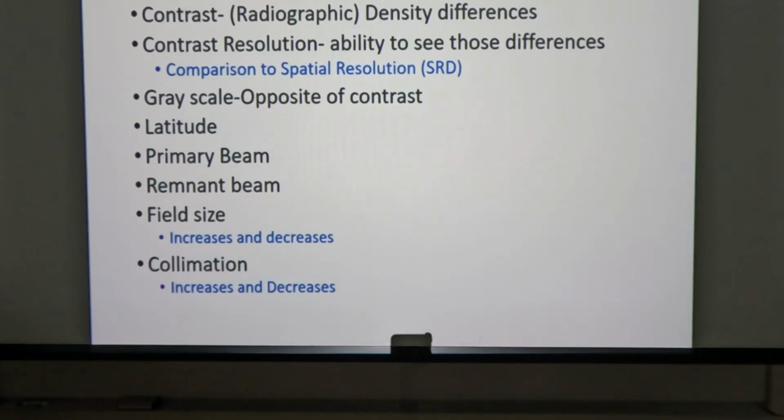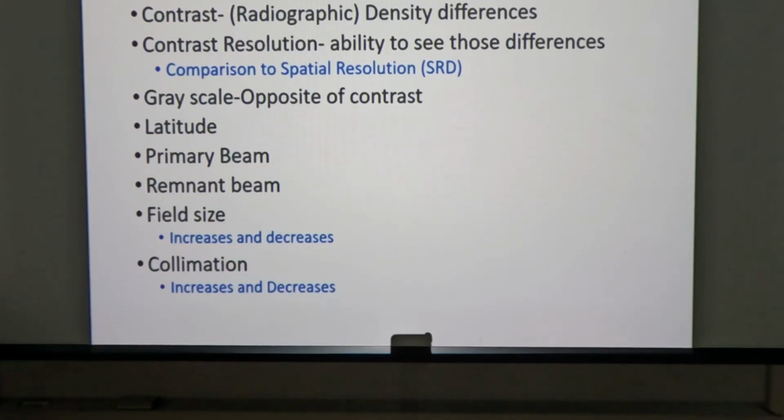So contrast resolution is going to show up in there if it's contrast resolution. That's not to say that I might not ask a question about spatial resolution and put contrast resolution as a possible answer. That's a possibility. But if it's a question about contrast resolution, it's going to say difference in density. It's going to say contrast resolution as opposed to just resolution. If it just says resolution in the question, that is spatial resolution. Okay, sharpness of recorded detail.